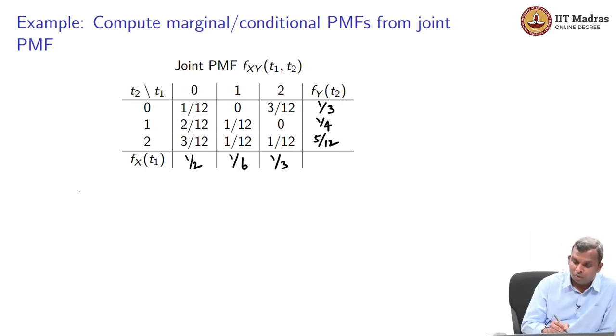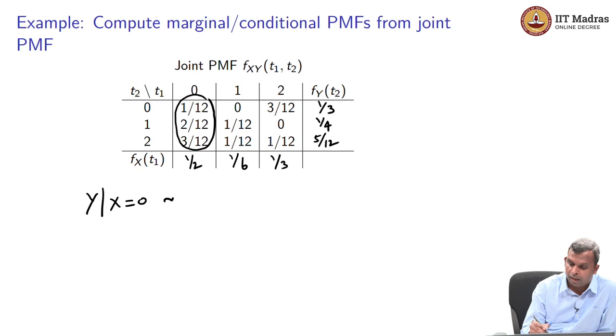So now if I want to find y's, so the range of y, remember x takes value 0, 1, 2 and y takes value 0, 1, 2. Now if I want to find y given x equals 0, this is this divided by this guy.